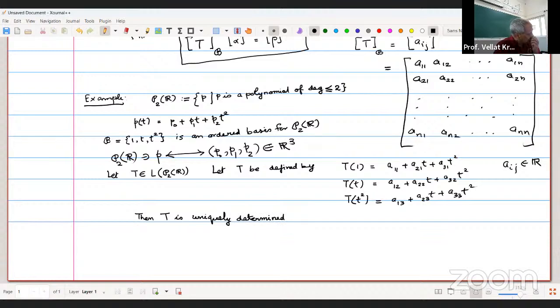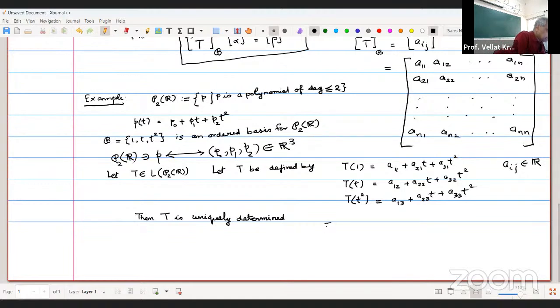That means the image of each polynomial p0 plus p1 t plus p2 t square is now completely determined, by linearity. Therefore, what is going to be the matrix representation for T?